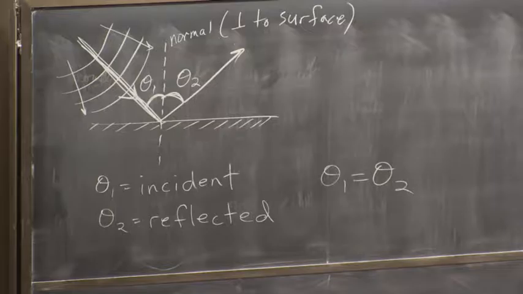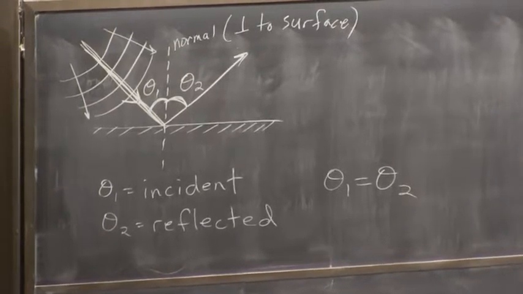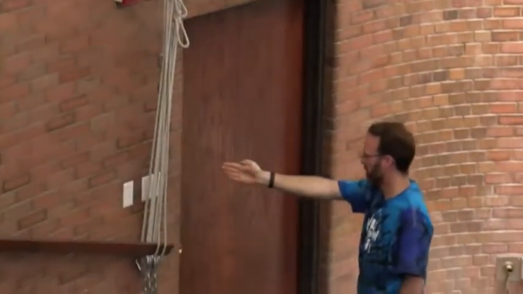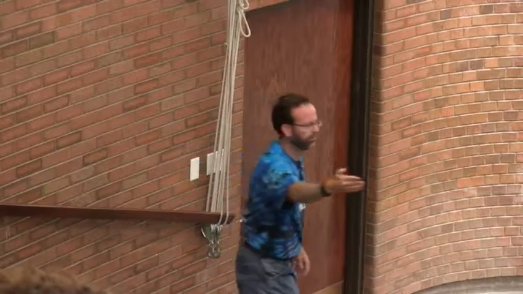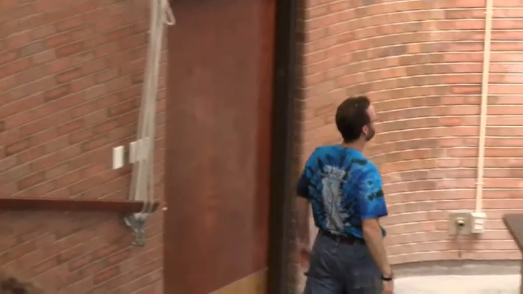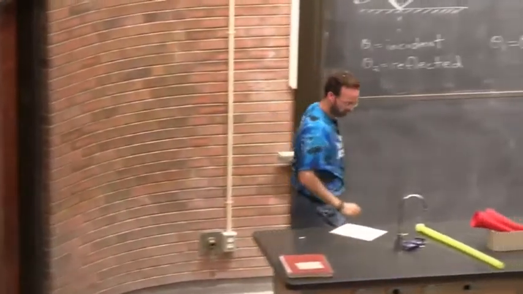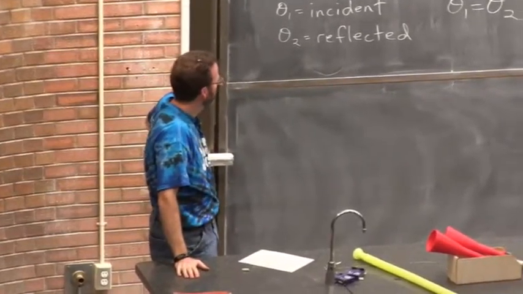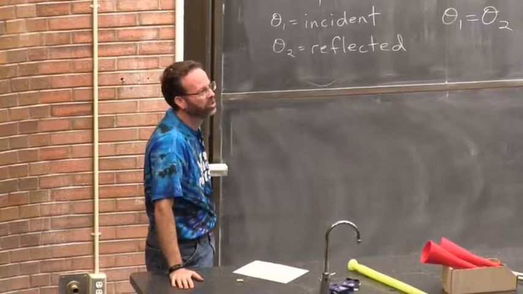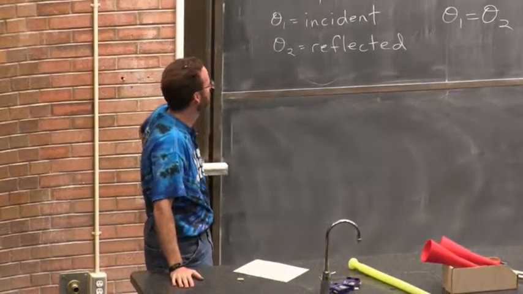So a wave comes into the brick wall over here and comes off at the same angle it came in at. If you come in more perpendicular to it, it comes out more perpendicular to it. That shouldn't be too far out there for you. So reverberations, acoustics: acoustical engineers have to know all about this type of stuff.